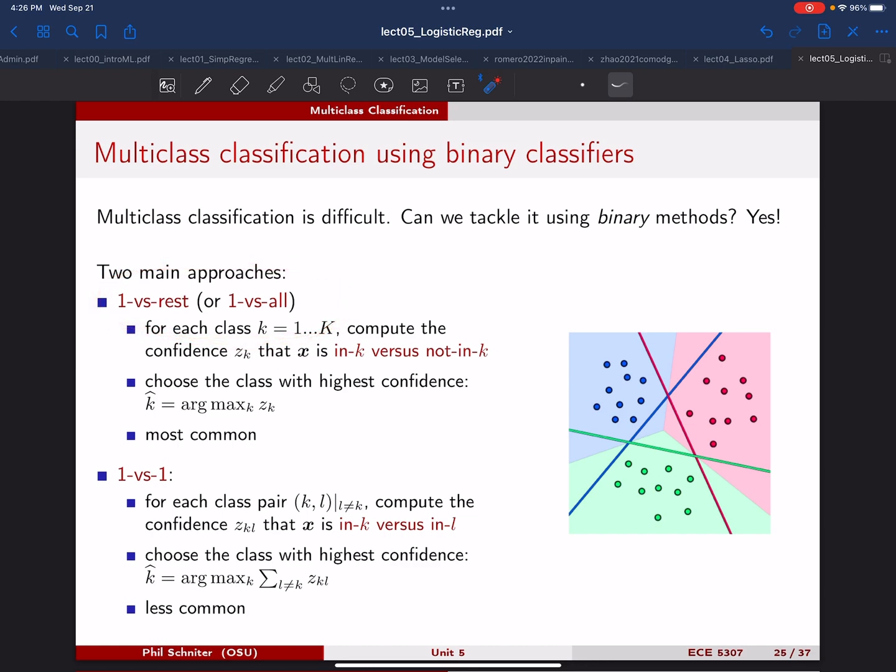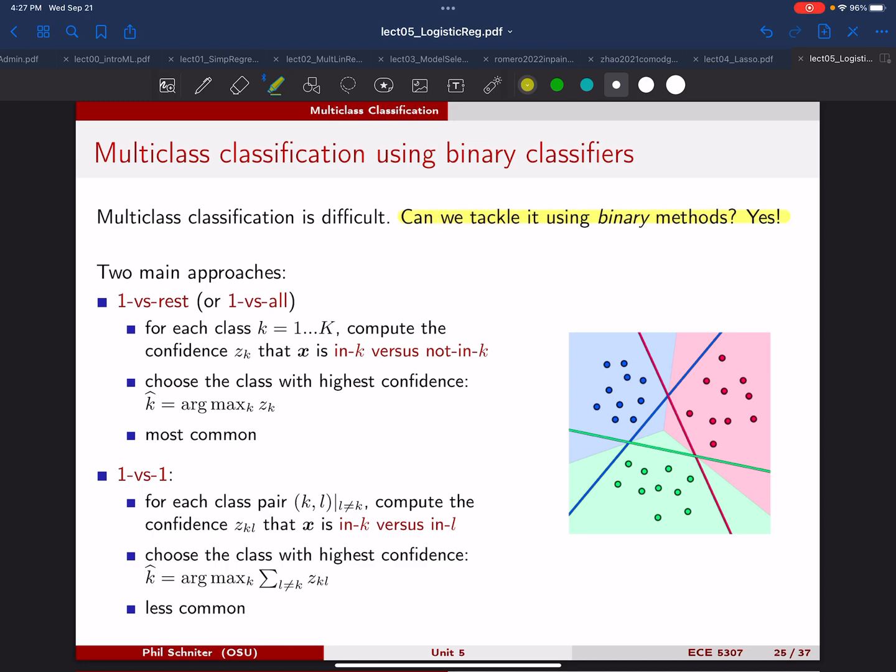Let me preface by saying, if you can re-express this multi-class problem as a set of binary problems, and we have these great binary methods, that gives us a nice way to approach it. So a lot of methods are constructed that way. It's really like putting together binary classification methods to make a multi-class classification method. So that's what we're talking about right now.